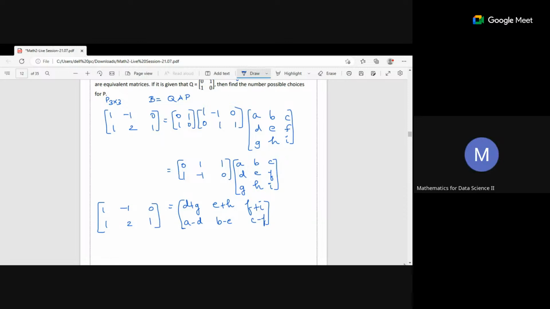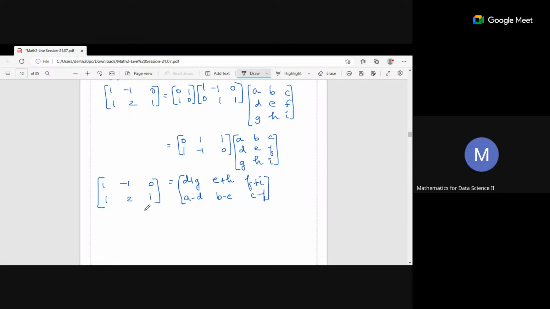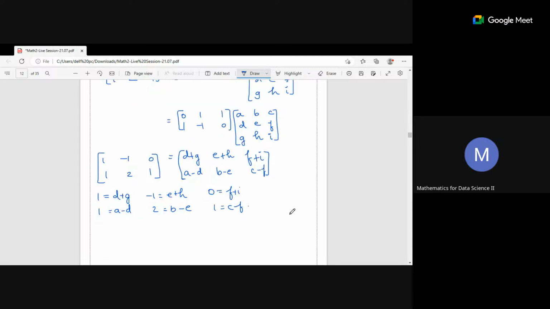Okay. So now let us equate the LHS and RHS. So what do you get if you equate the LHS and RHS? How many solutions do you think these equations have?